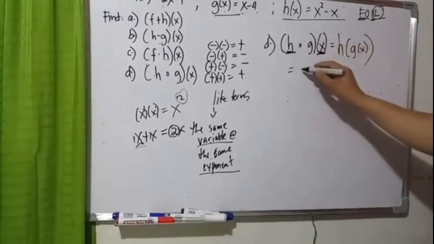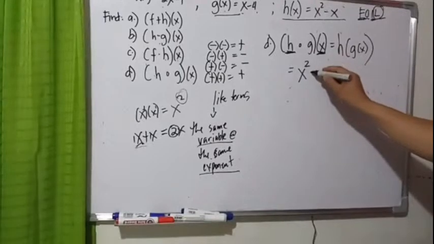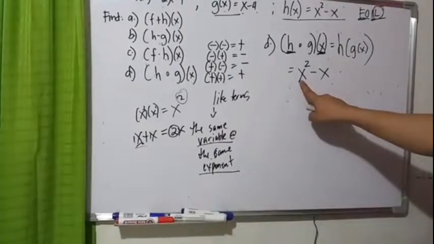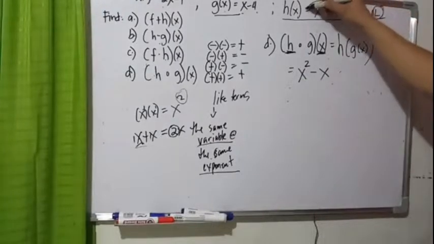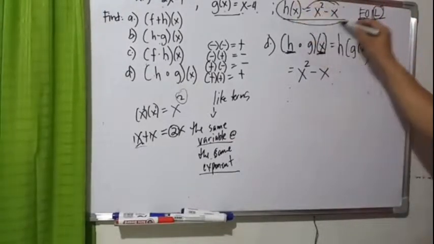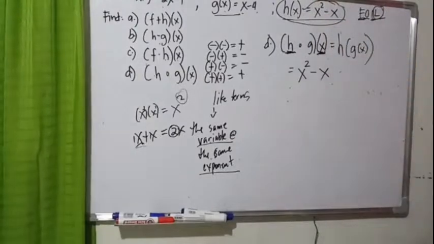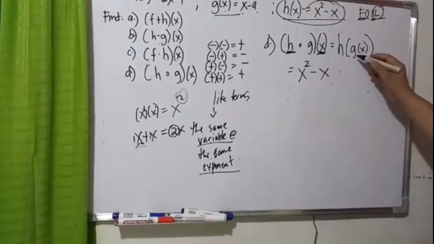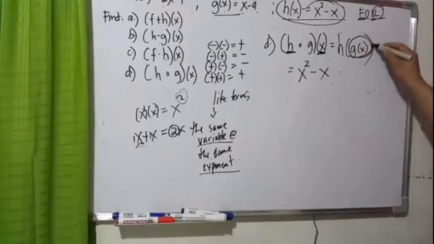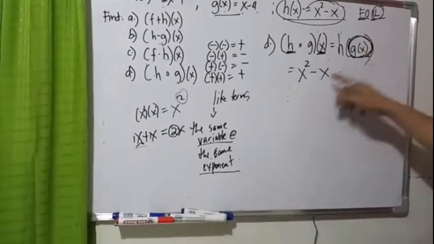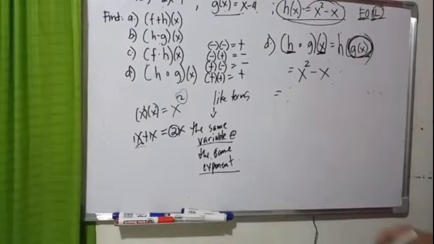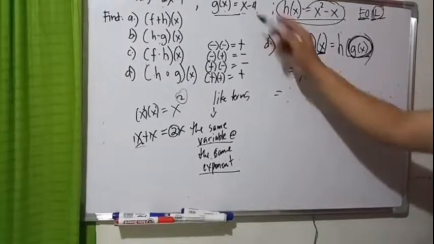So, that is x squared minus x. Yan ang value ng h of x. Next, replace x with the given value of g of x. So, lahat ng x dito, i-change natin ang value ng x minus 4.